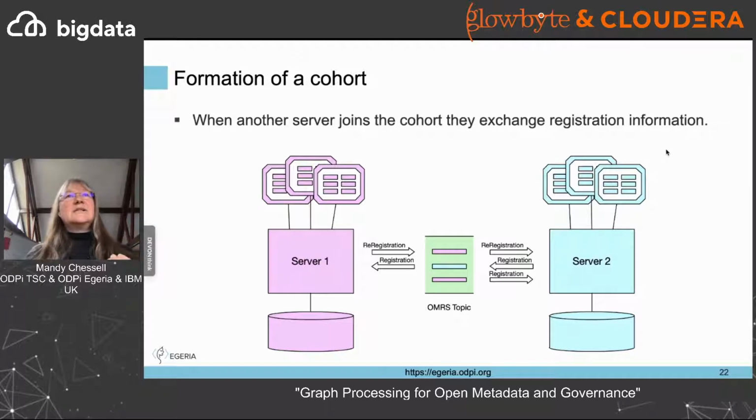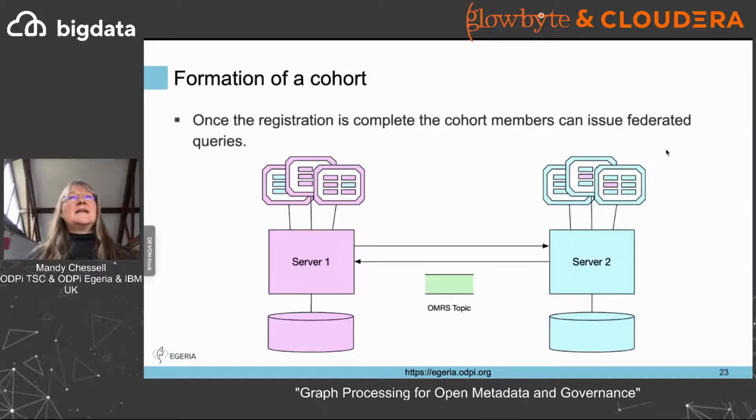Once that exchange sequence is completed, they are now configured so that they can issue queries, basically federated queries, to each other. And so here you see that blue metadata is now appearing on server 1 on the pink metadata user interface, and pink metadata is now appearing in the blue user interface.